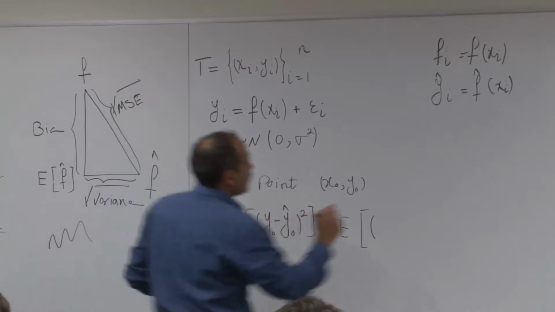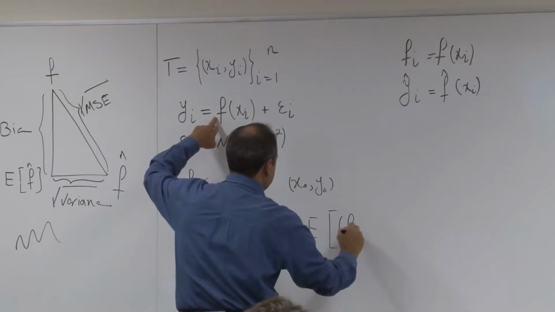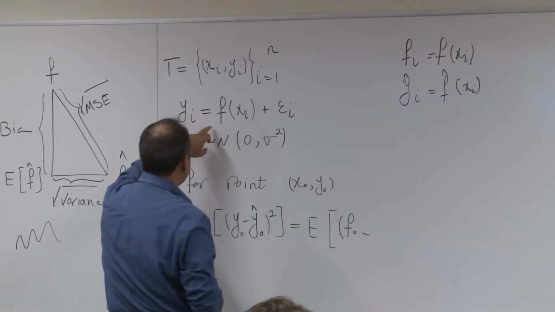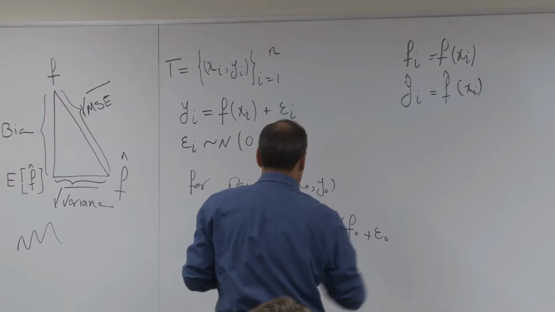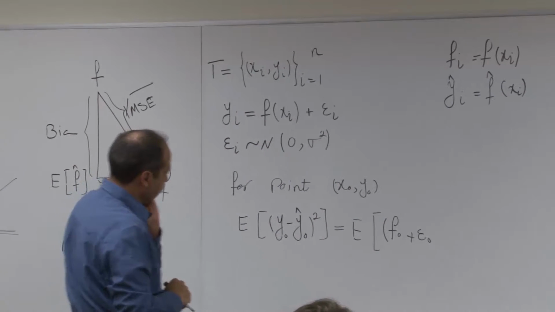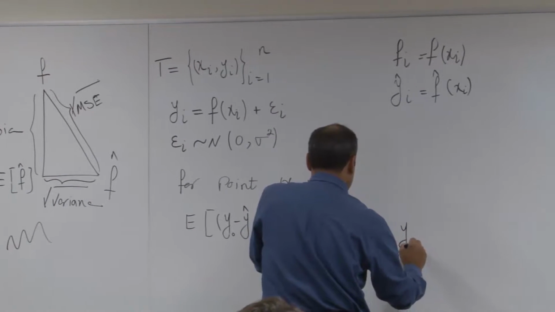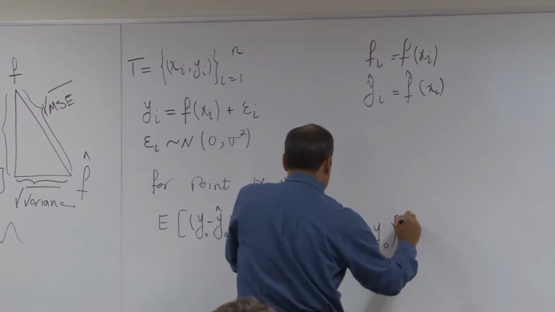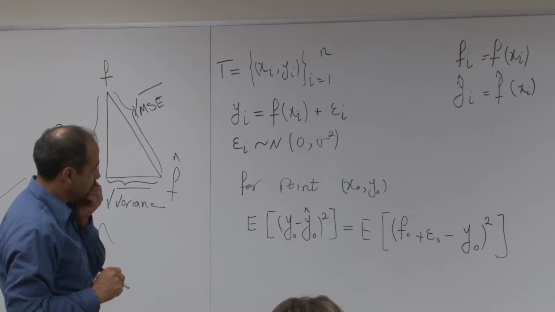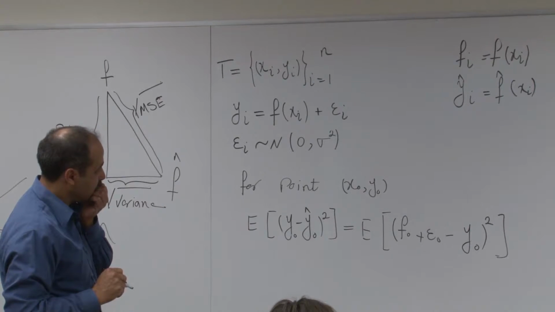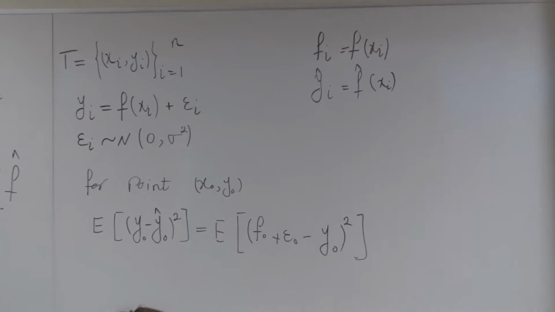But what is our observation? Our observation is f plus some epsilon, minus y hat. Is it clear what we are doing here?